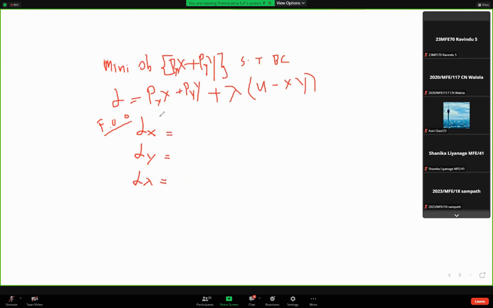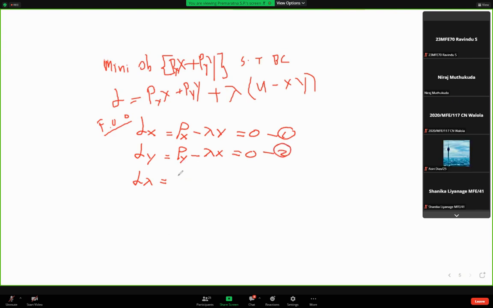When you differentiate with respect to x, you get px minus lambda y equals 0. That's the first equation. Similarly, differentiate with respect to y: py minus lambda x equals 0. Second equation.